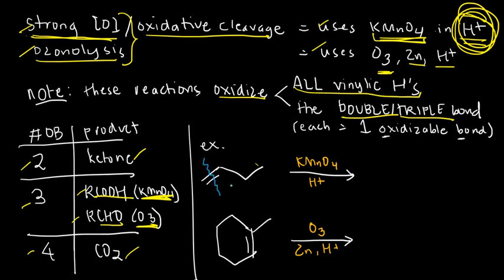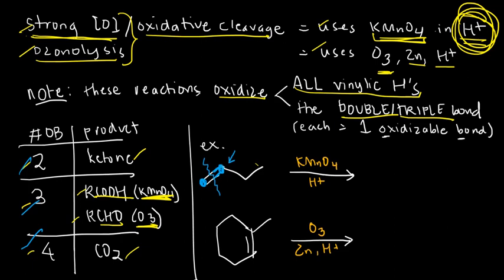So imagine that I'm going to break this. The moment I break this, I have to ask the question, what's going to be the fate of these two vinylic carbons? In order to answer that, you have to identify how many oxidizable bonds they have. Of course, again, your options are only 2, 3, and 4, okay? So here, it has a double bond, right?